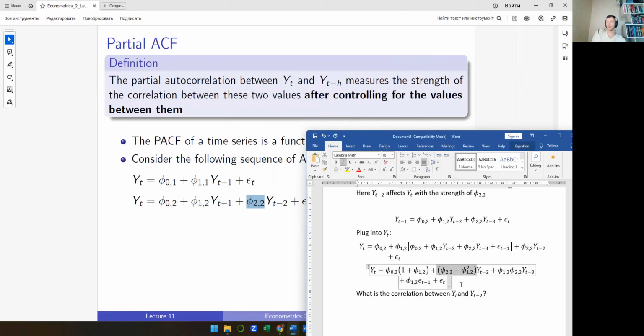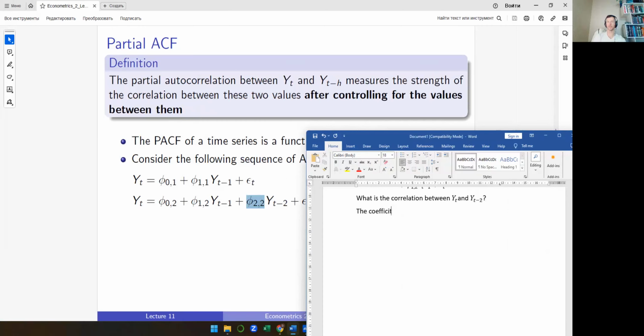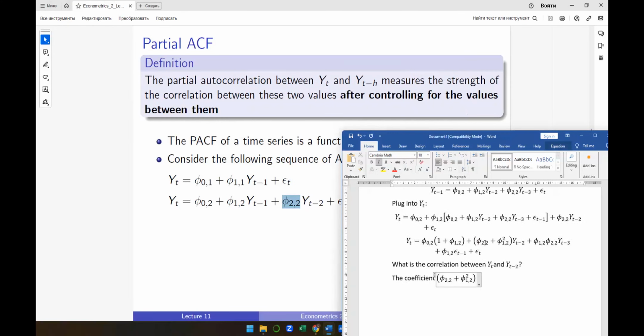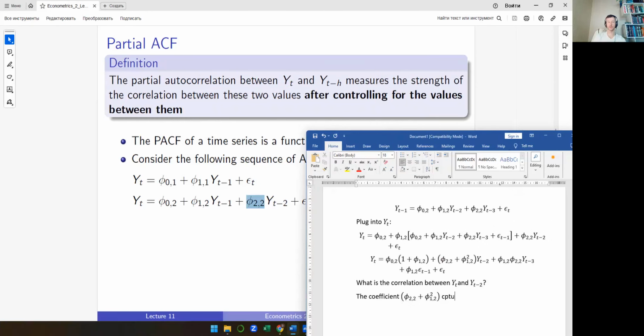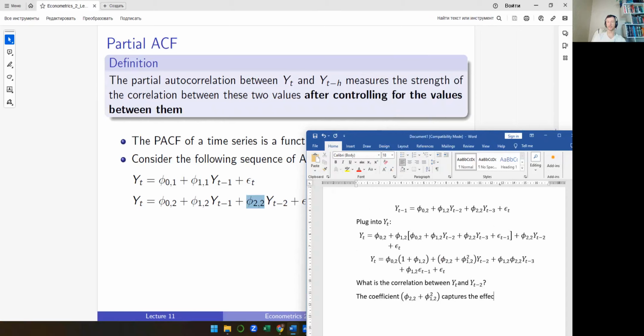The coefficient captures the effect of y t minus 2, the direct effect.